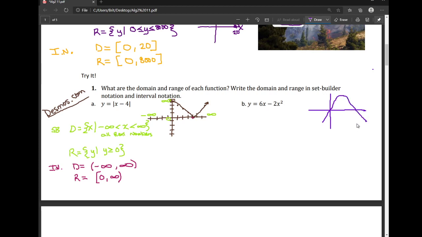Some of our key points here: that here is at 3. Our maximum is at about 1.5. Oh, I need to move that line over then. It's at about 1.5 and then 4.5. I'm going to label that ordered pair, but just understand where it's coming from.